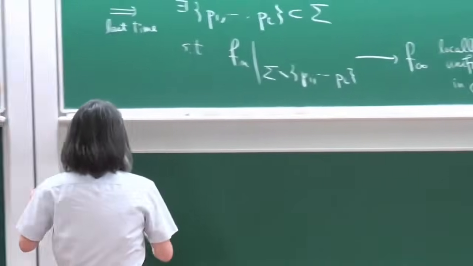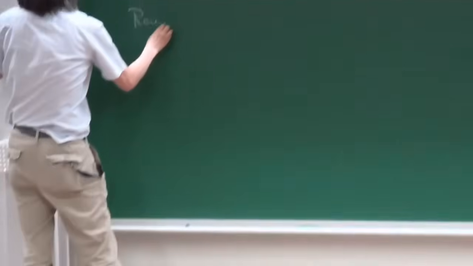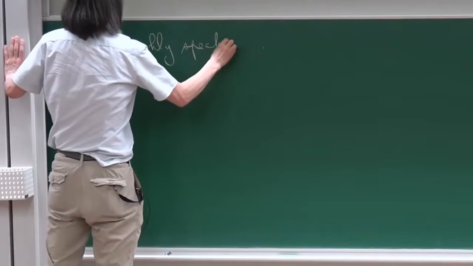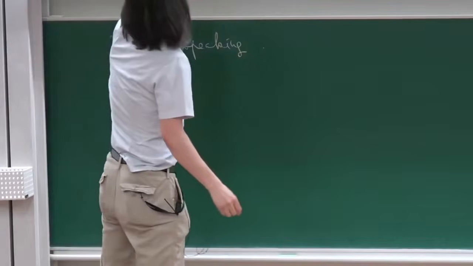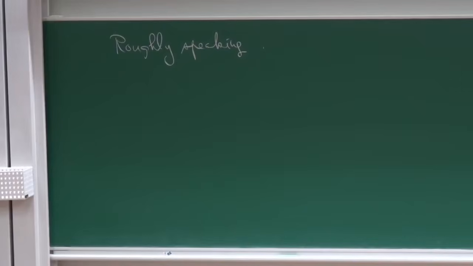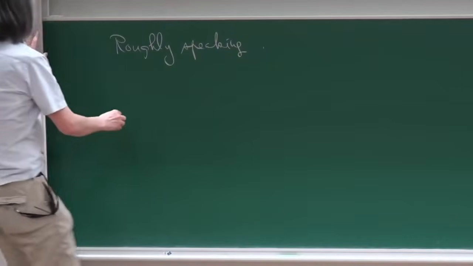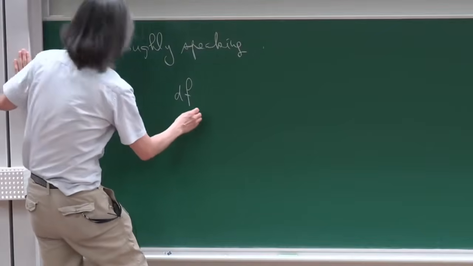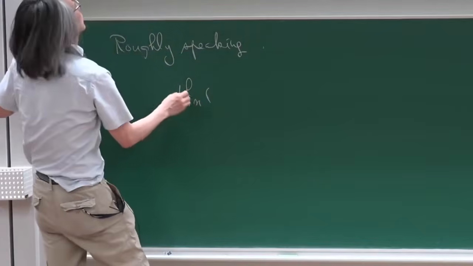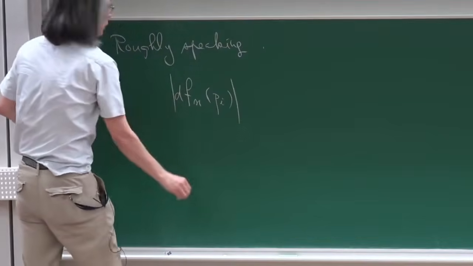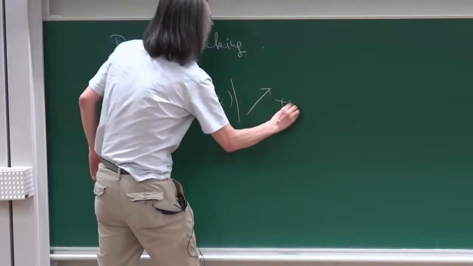So roughly speaking, these P1 to PL are the points where the derivative diverges, right? So roughly speaking, if you take this df_n at this P_i, and take its norm, then it actually diverges. Right?